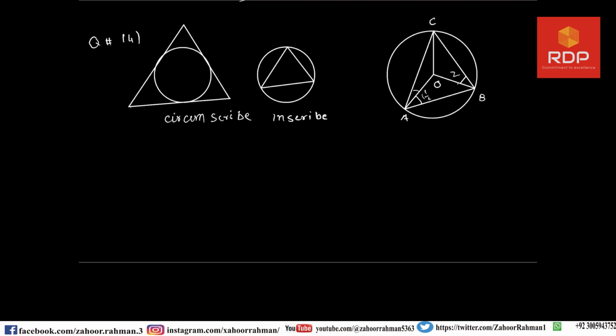So this angle ABO and BAO, BAO is 1.5 times.